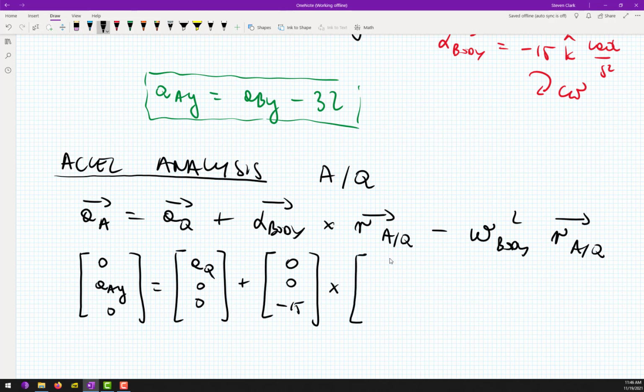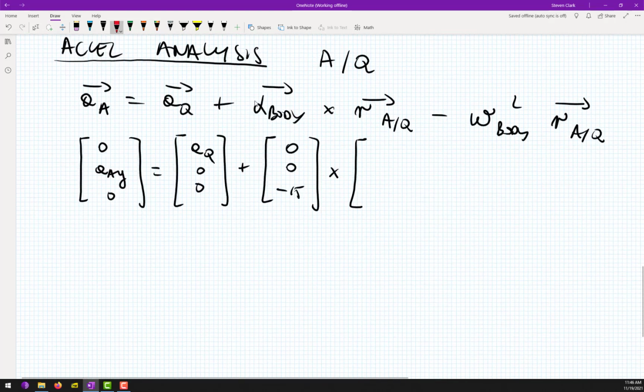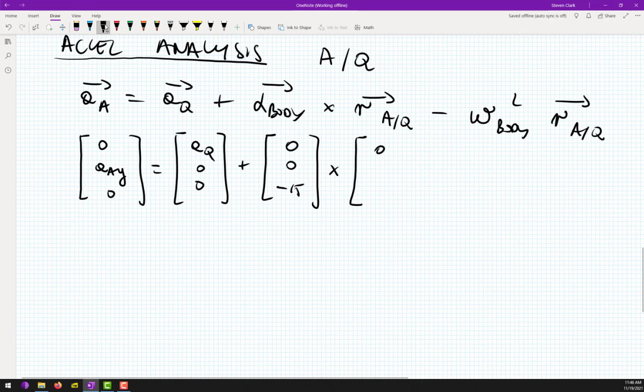Oh my goodness, I must scroll up the board and draw this vector, r_AQ. r_AQ is here. So that would be 0 minus 3, 0, right? 0 minus 3, 0 minus 4 squared, 0 minus 3, 0.